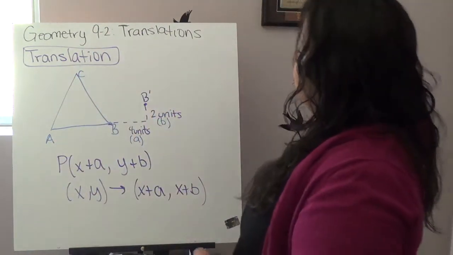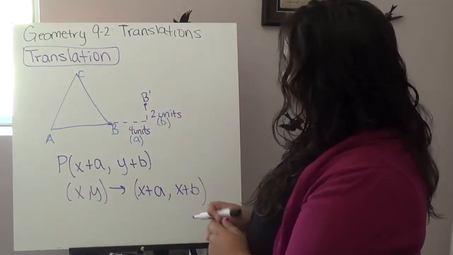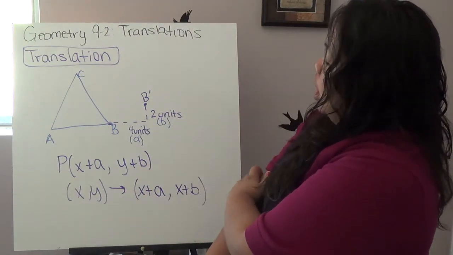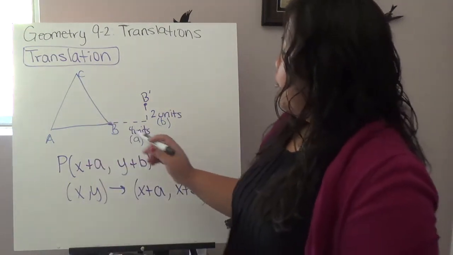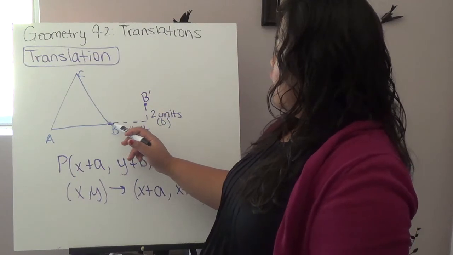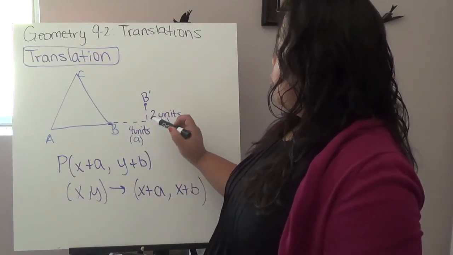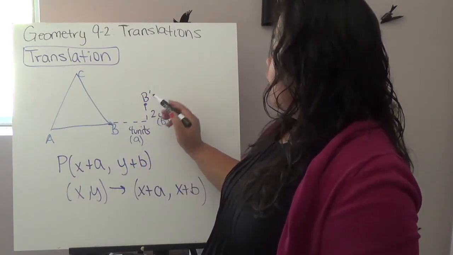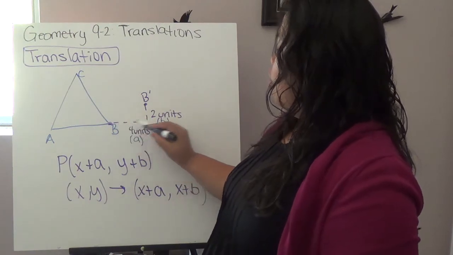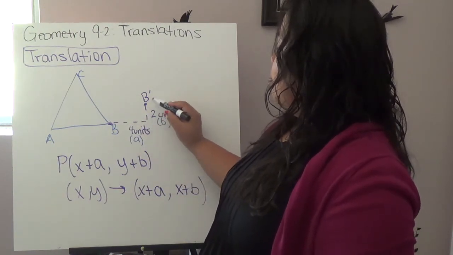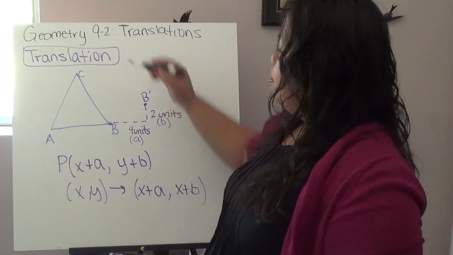For example, I want to translate this triangle, and I'm going to move it 4 units to the right and 2 units up. The first one I move is B. I move 4 to the right and up. This gives me B prime.